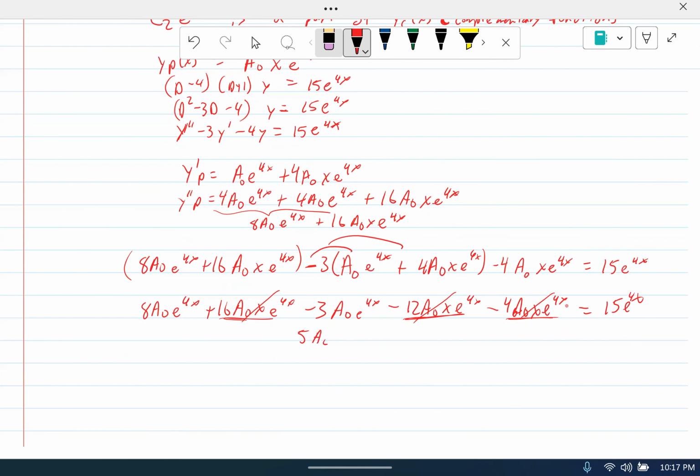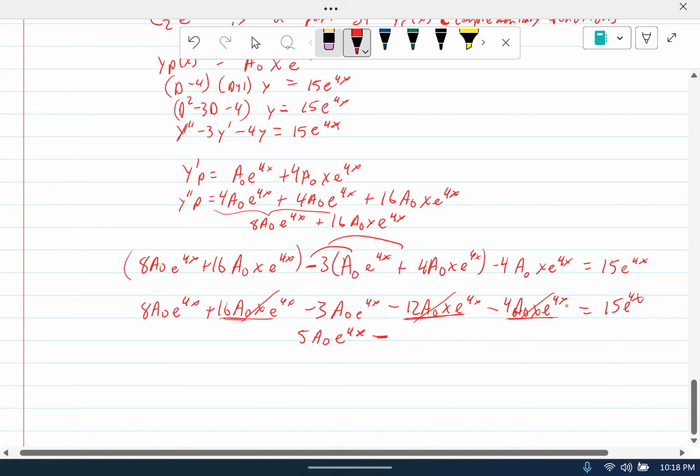We get 5 a naught e to the 4x equals 15 e to the 4x.